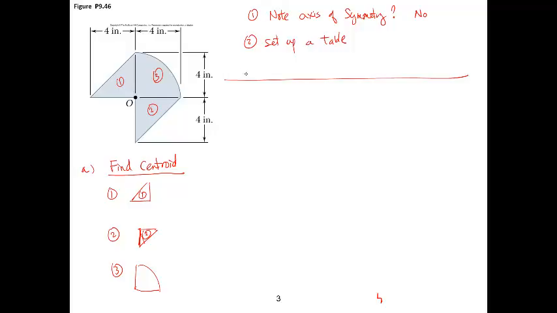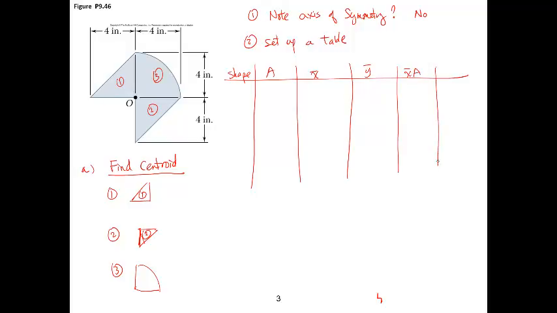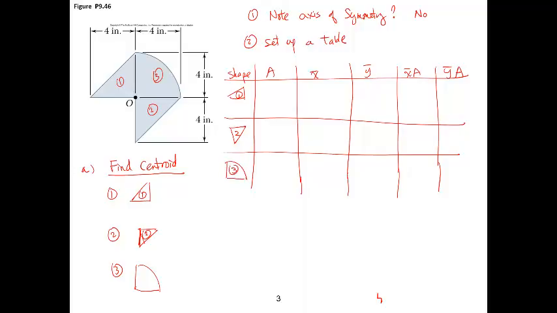This is the table that I need to set up: shape, area, x bar, y bar, x bar A, y bar A. Here is my shape 1, shape 2, shape 3 is my quarter circle, and the last one is my sum row. There I need the summation of x bar A and the summation of y bar A of each piece.